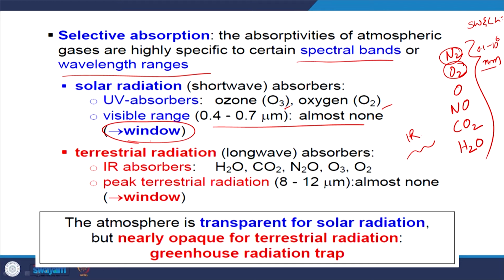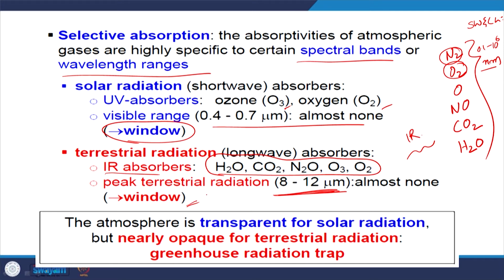Now, terrestrial radiation, the radiation that is emitted by the earth, is long wave radiation. So, IR absorbers: these molecules have the ability to absorb the infrared radiation. These molecules are generally called greenhouse gases. At the peak terrestrial radiation that we have seen in the last slide, 8 to 12 micrometers, almost none. This wavelength range is not absorbed by any gas, and this is again a window.